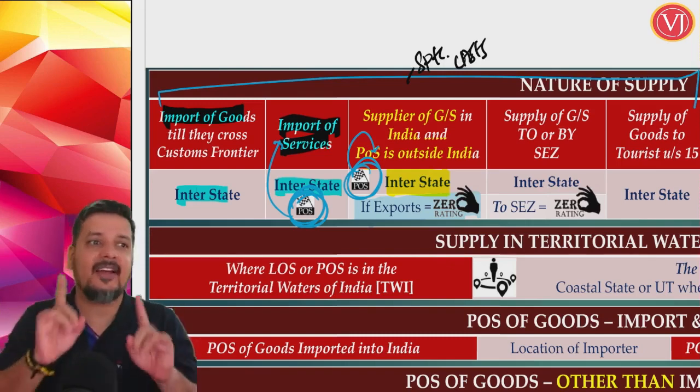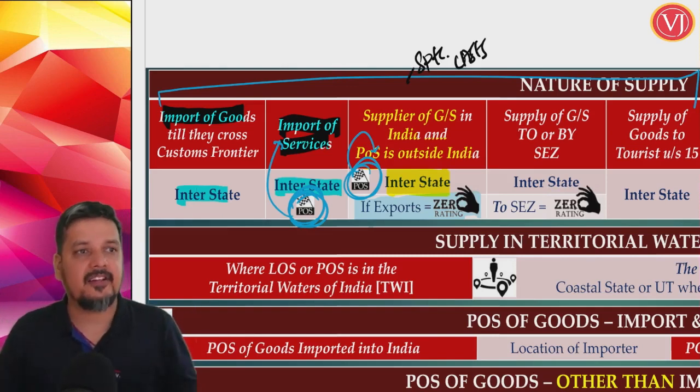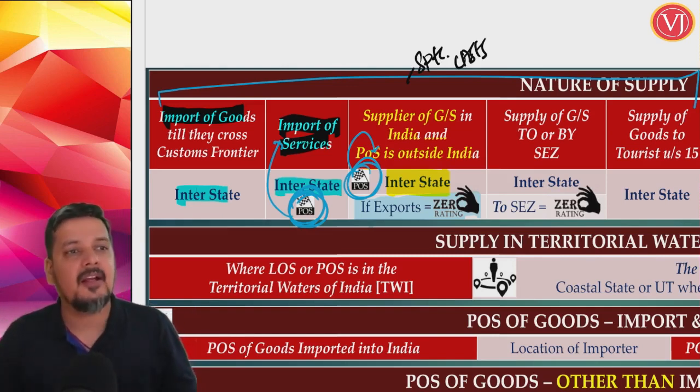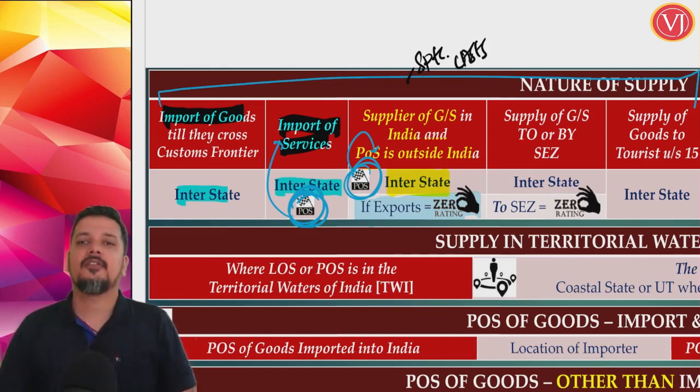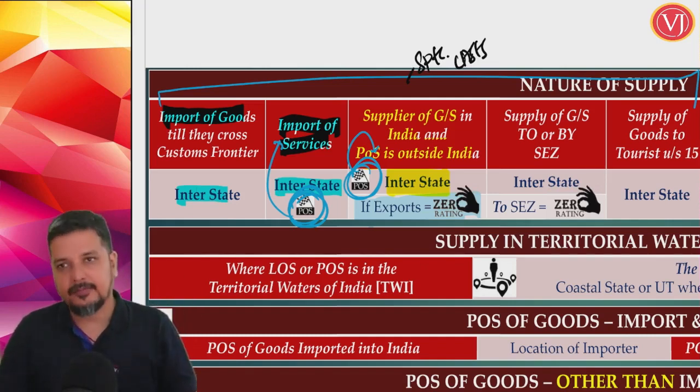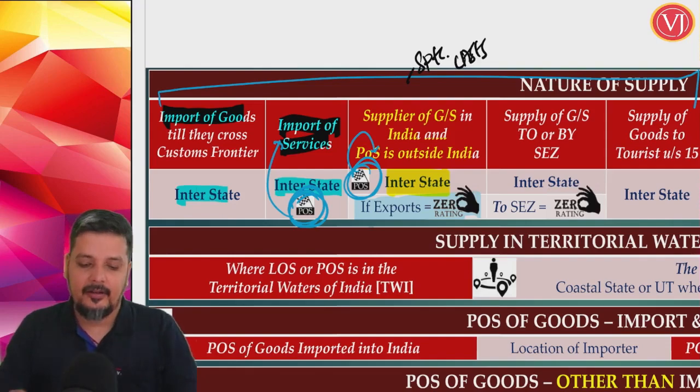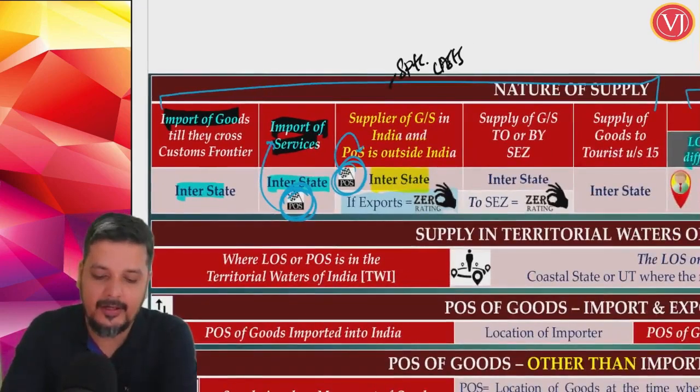It is interstate, it is IGST, but it may or may not be export. If it is export, zero rating will apply. What is zero rating? You don't pay output tax, but still you take input tax credit and apply for the refund.